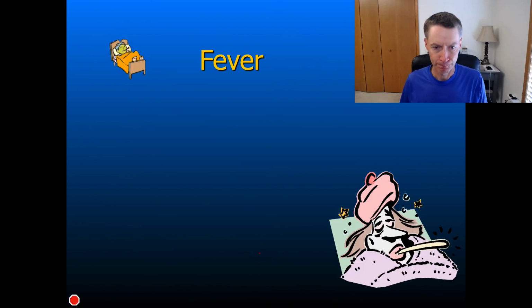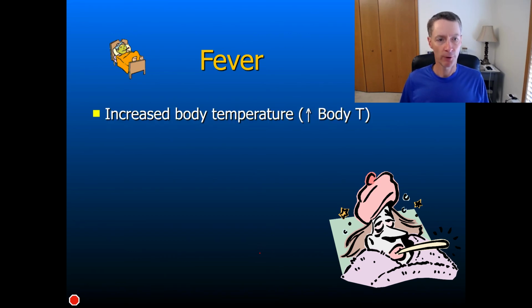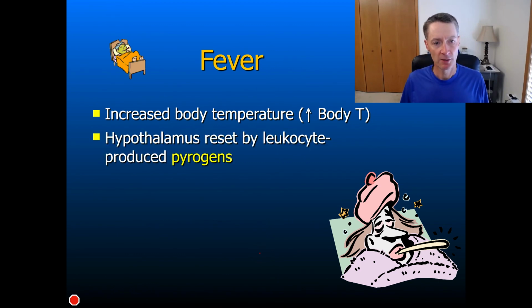Okay, finally, last thing to talk about when it comes to nonspecific is fever. Fever is a part of the nonspecific response, and it so happens that leukocytes, white blood cells, when they become more active, do produce something called pyrogens. These pyrogens, if you think about it, the pyro part makes perfect sense, right?